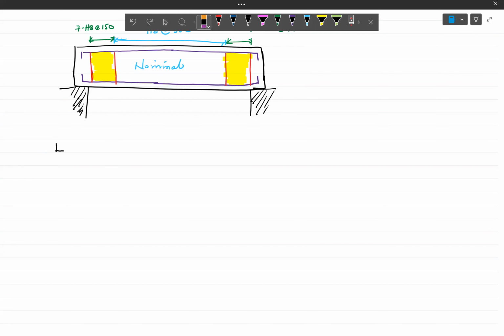So with this example, I would combine all that we've done so far with regards to being able to design a beam for both bending and then for shear. All right. So let me try and put the question together.